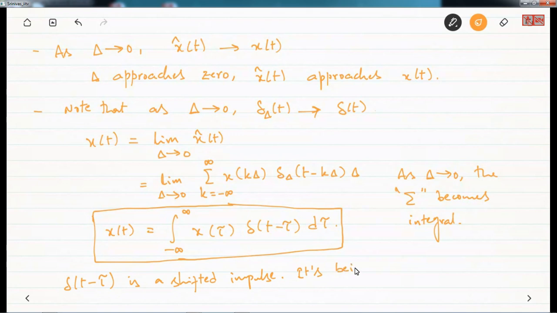It's being scaled or multiplied with x of tau d tau. So that's how x of t is being expressed as a sum of scaled and shifted impulses.